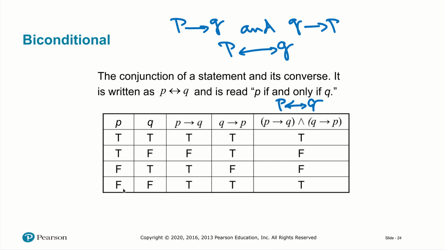So that also becomes true. So in these two situations, when they're both true or both false, the biconditional becomes true, and in the other situations, it becomes false. So here is the truth table for a biconditional.